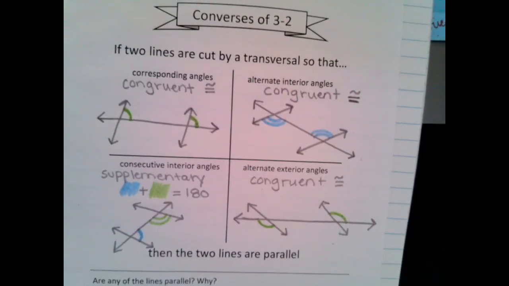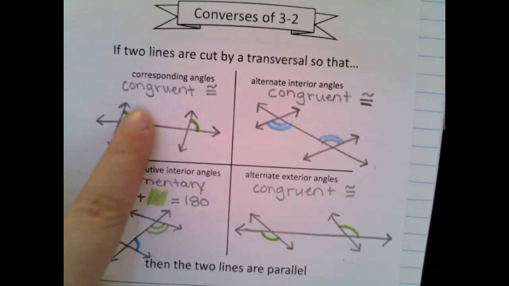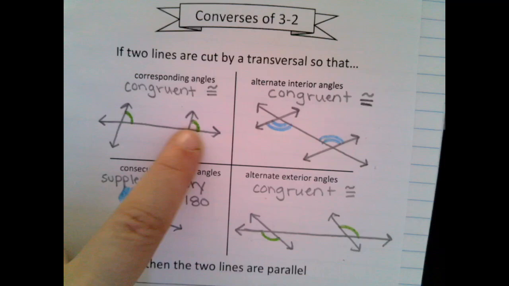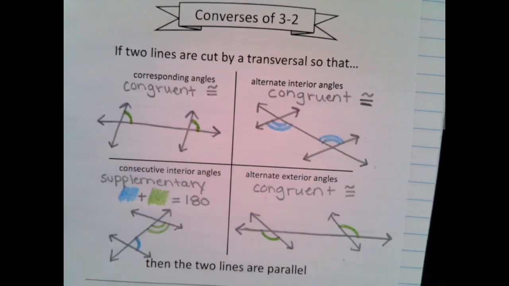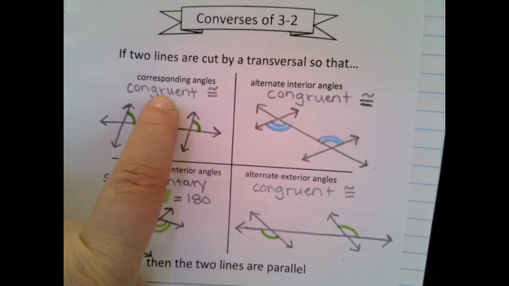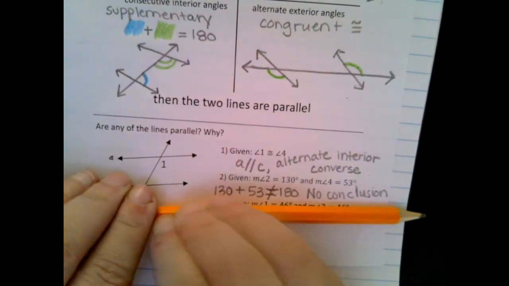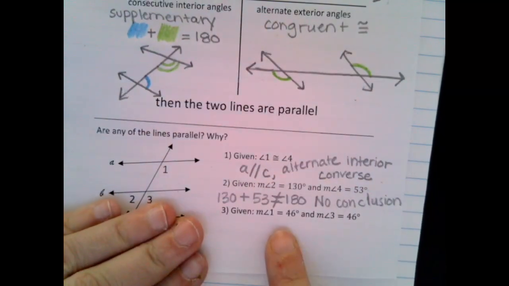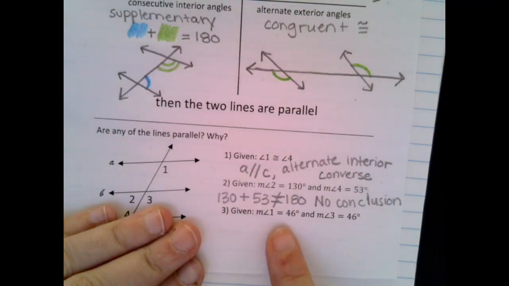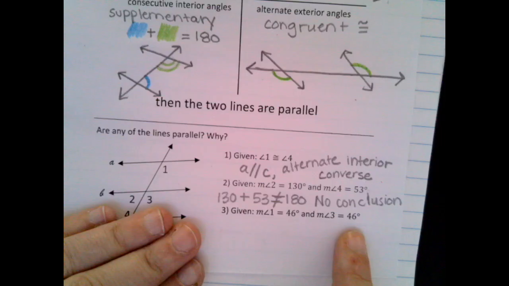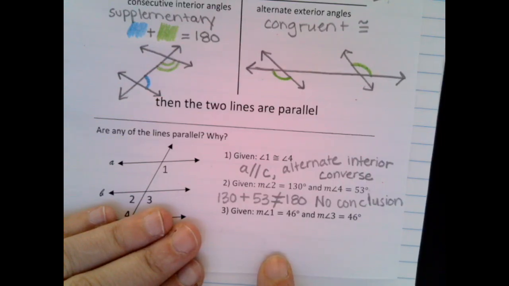So when I look at matching, which one meant matching again? Matching is our corresponding. They correlate. They correspond. They're matching in the same place. So corresponding, they're supposed to be congruent. Now in our information here, it doesn't say that they're congruent. What does it say? That angle 1 is 46 and angle 3 is. So are they congruent? Yep.